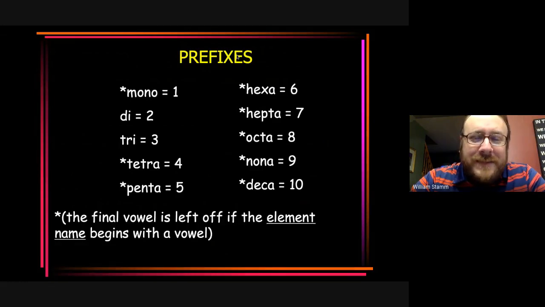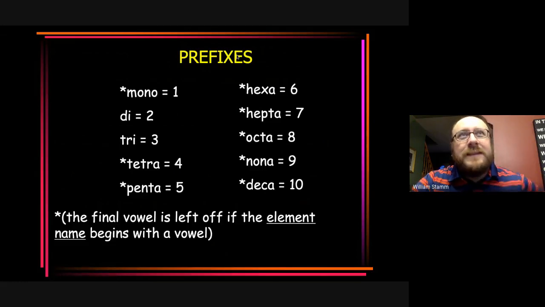Now the asterisk ones, mono, tetra, penta, hexa, hepta, octa, nona, deca, when you use those prefixes with an element that begins with a vowel, like oxygen, which is one very good example because it begins with an O, you basically leave the final vowel in the prefix off.